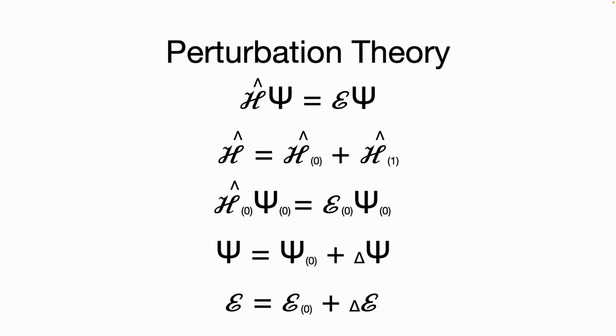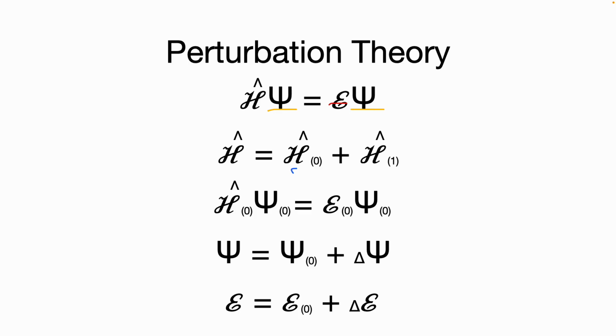So let's say that we have a Hamiltonian which has eigenfunction psi and eigenvalue E. Now let's say that this Hamiltonian can be broken into two component Hamiltonians.